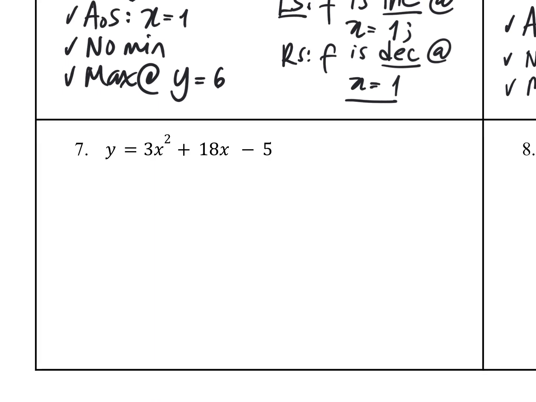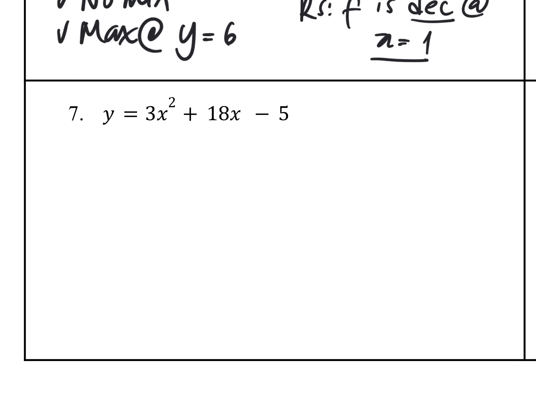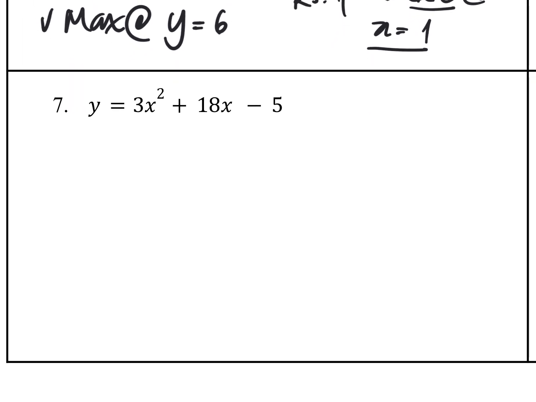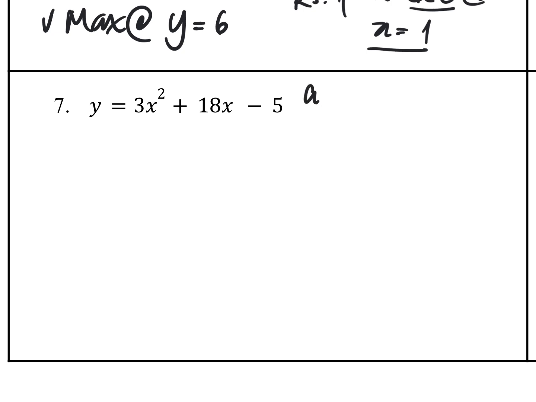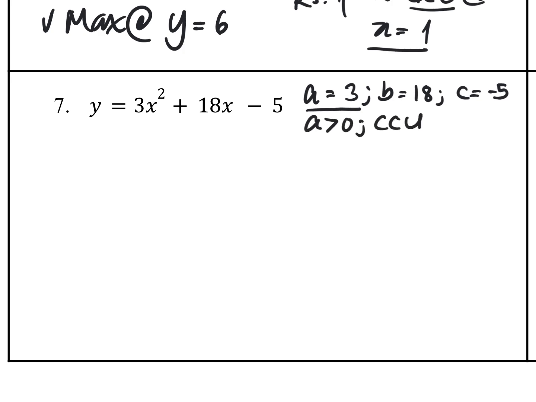y is equal to 3x squared plus 18x minus 5. My a here is going to be 3, my b is equal to 18, and my c is equal to negative 5. So here, let me just say again, a is greater than 0, therefore it's going to be concave up, and when it's concave up, then I'm going to have a minimum value of my function.